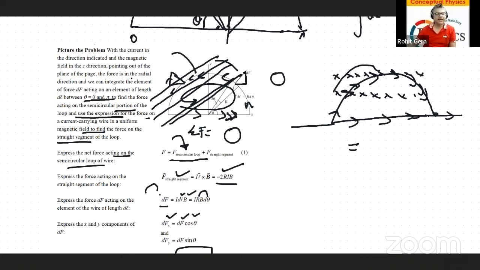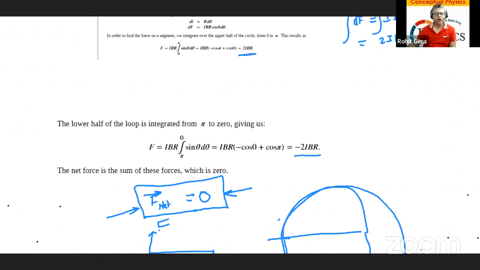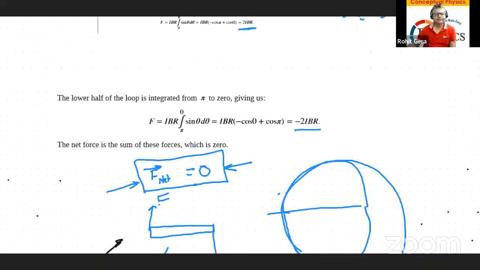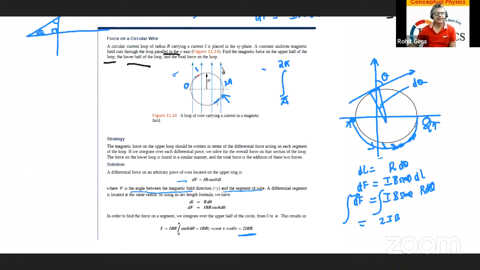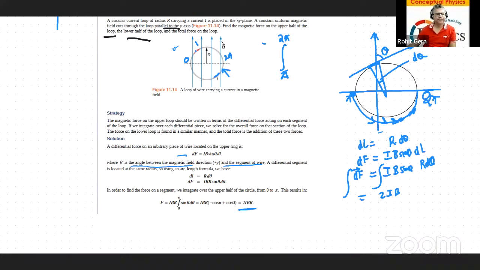So in the previous case, also you did R d theta. What saved you was that the direction of B was पैरेलल टू द लूप. ये पैरेलल था. अब मैंने अगले क्वेश्चन के अंदर ये कर दिया.